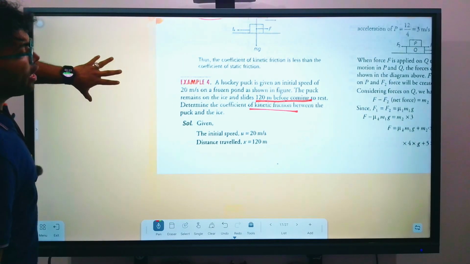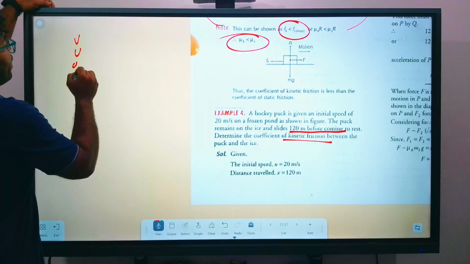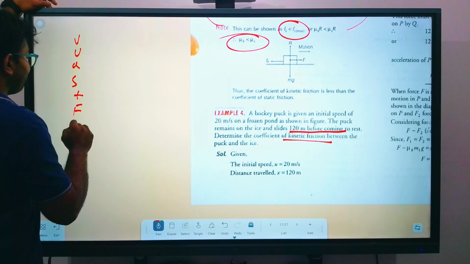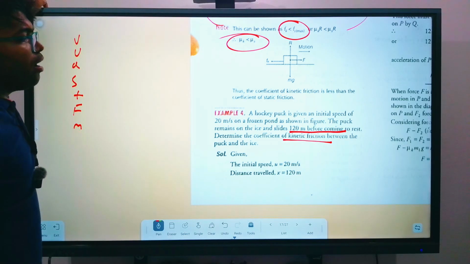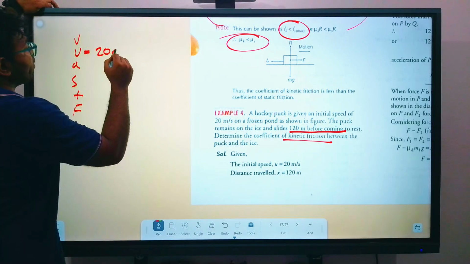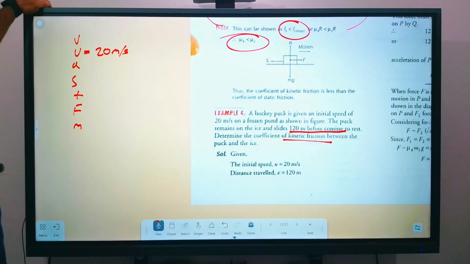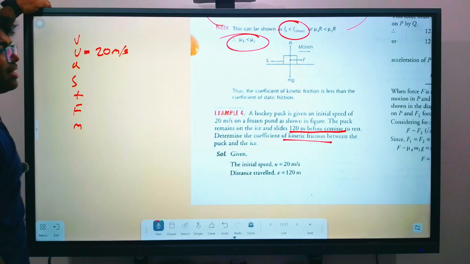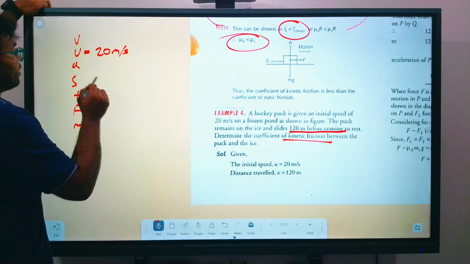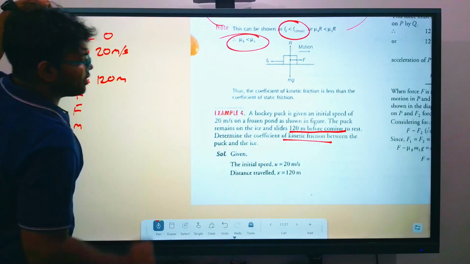So let's figure out what all they have given us. V, U, A, S, T, F, M. A hockey puck is given an initial speed of 20 meters per second, so u is equal to 20 meters per second. The puck slides 120 meters before coming to rest, so s is 120 meters. Final velocity is 0.